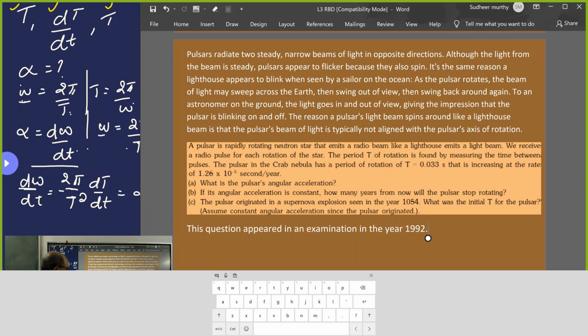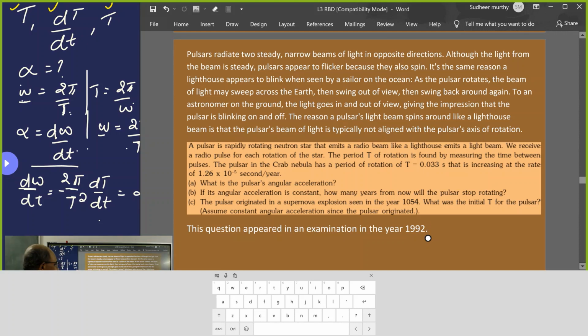This appeared in the examination in 1992. So if you are a student in 1992 answering this paper, they have asked you what was the initial time period of the pulsar. You take this as the year you are writing and you have to calculate.